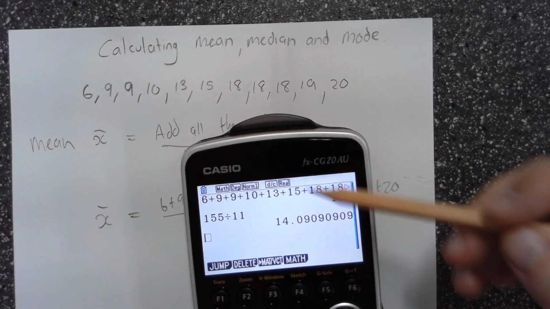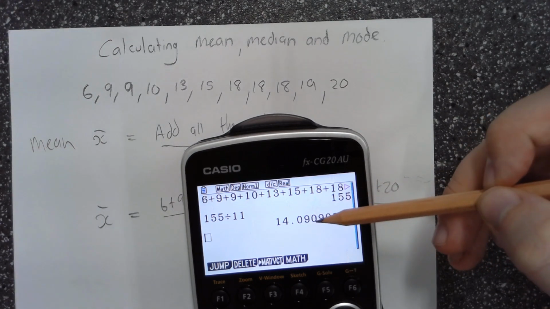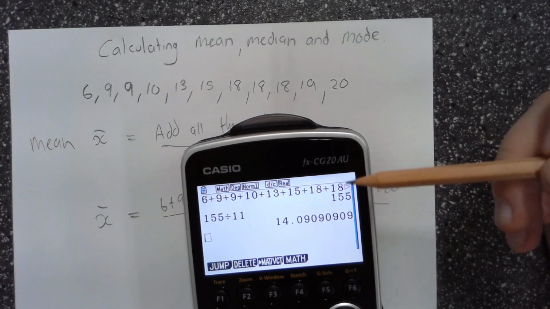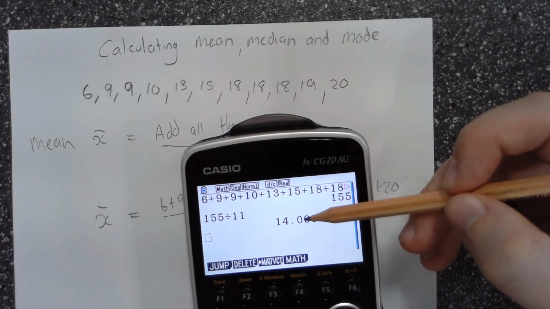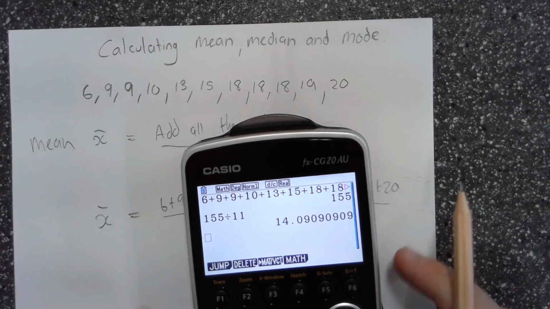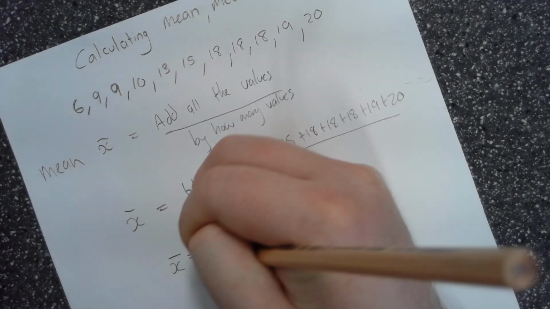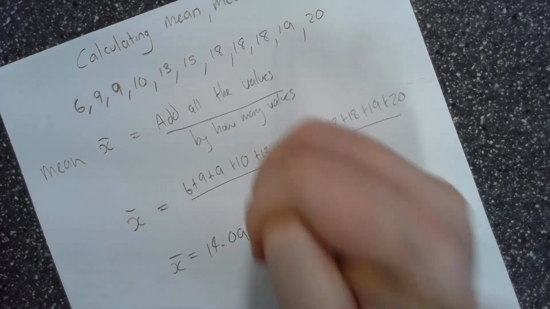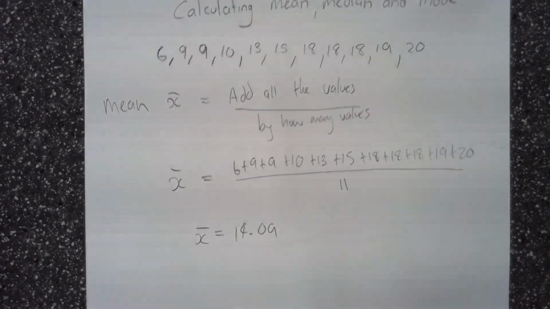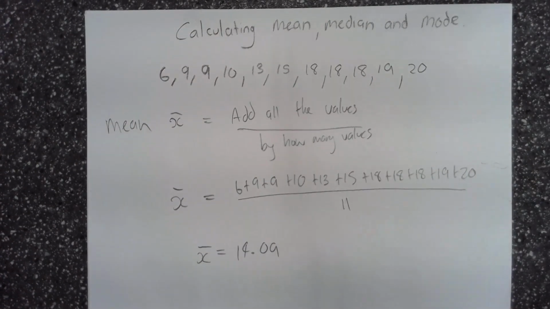To figure out whether we have to change any of these values, we look at the third number. This third number is a 0. Because it's not bigger than 4, we do nothing to the 9. And so when it comes to our answer back here, we're going to write x bar is equal to 14.09. And so that's how we calculate mean.